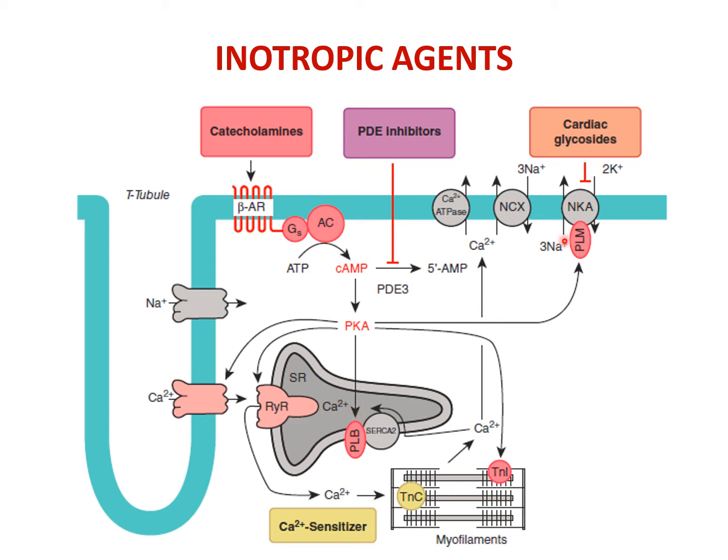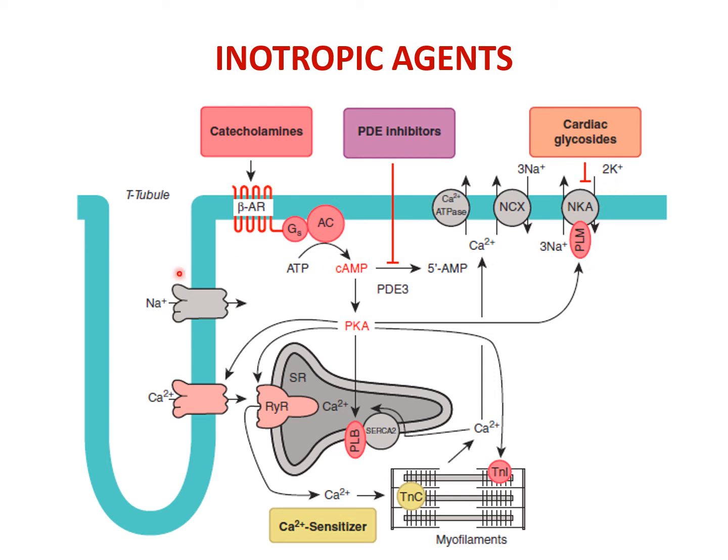And again, there is the presence of sodium potassium ATPase, sodium calcium exchanger, and calcium ATPase. Sodium potassium ATPase is responsible for the efflux of sodium out and influx of potassium inside.